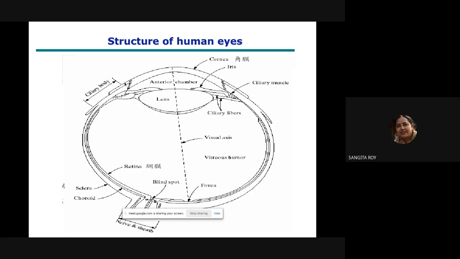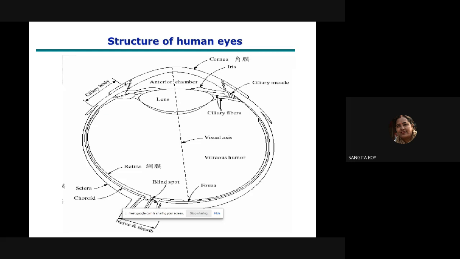The lens is colored by a slightly yellow pigmentation that increases with age. In extreme cases, excessive clouding of the lens, commonly referred to as cataracts, can lead to poor color discrimination and loss of clear vision.